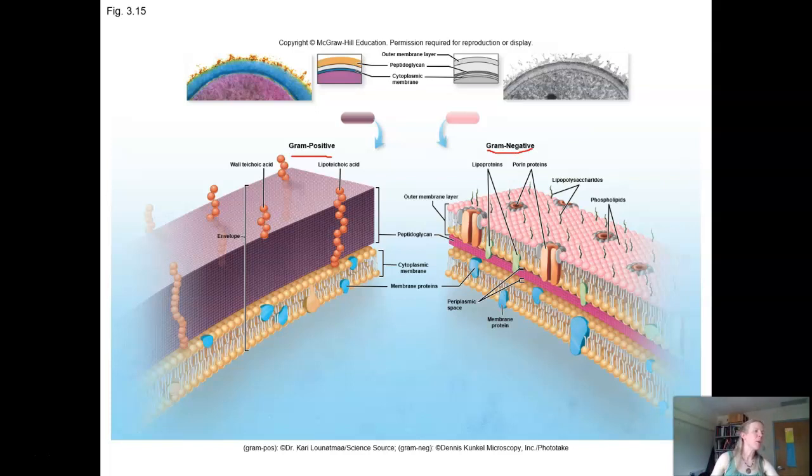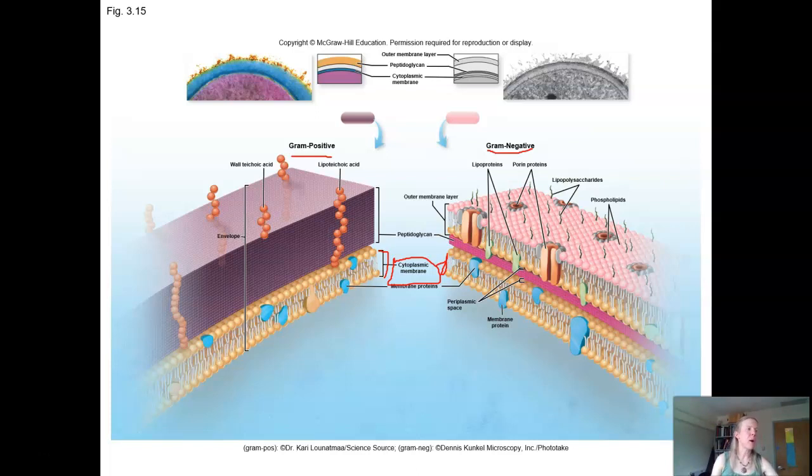But what we have going on here, we'll start with the gram-positive bacteria. Here, and I realize this is tiny for you, hopefully you're looking along in your book. Here on the inside, and we see this on both sides, on either cell type, is that cell membrane. Phospholipid bilayer, some embedded proteins, you guys should recognize this. That's your cell membrane.